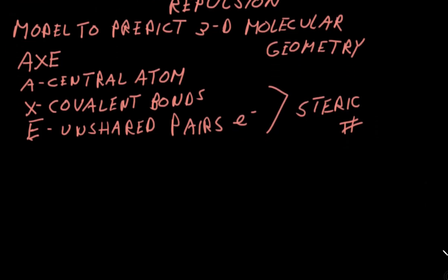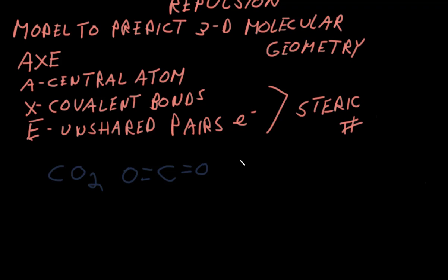The first one we're going to look at is CO2, carbon dioxide. If we were to draw the model with the shared pairs of electrons, it would be a linear model.